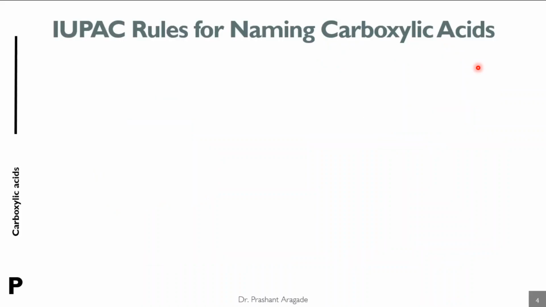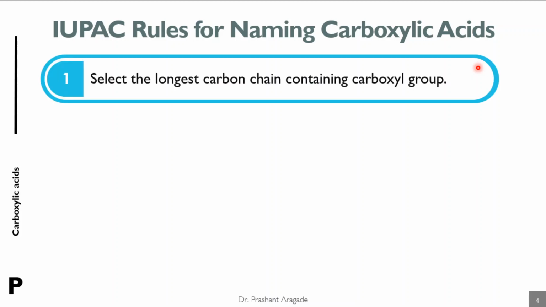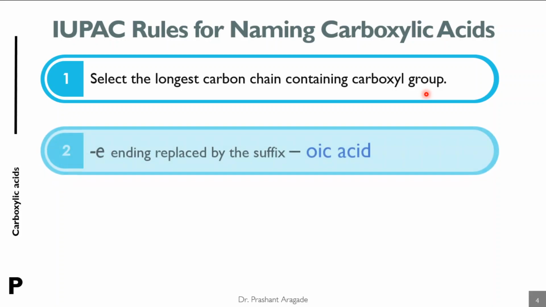So let's discuss the IUPAC rules for naming carboxylic acids. First, you have to select the longest possible continuous carbon chain containing the carboxyl group, that is C double bond O OH.